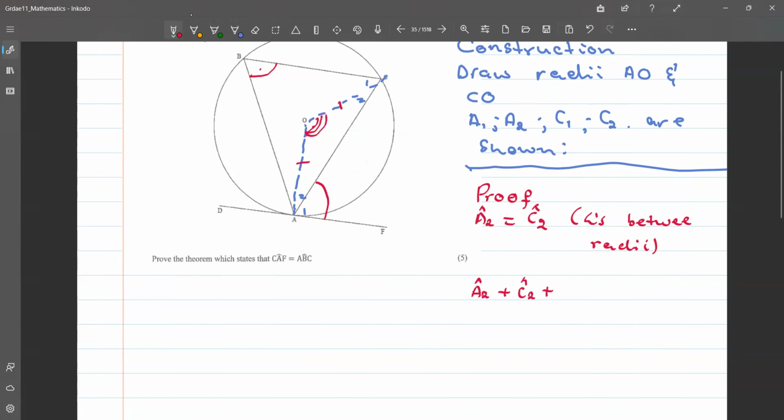What's the name of that angle? It's AOC. So angle A1 plus angle C2 plus angle AOC equals 180 degrees. That is the sum of angles of a triangle.